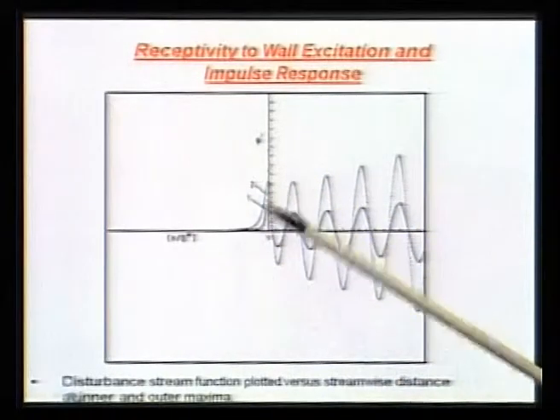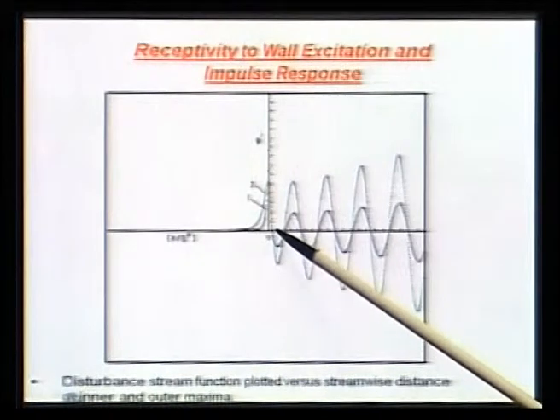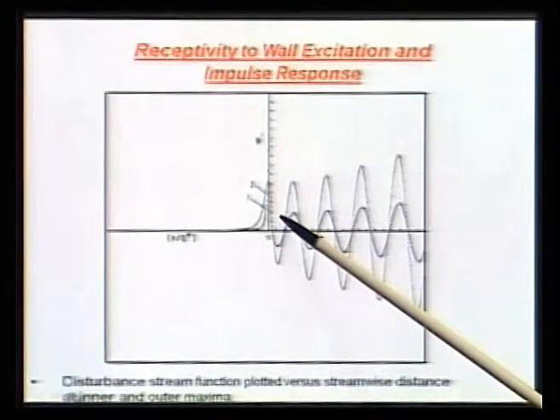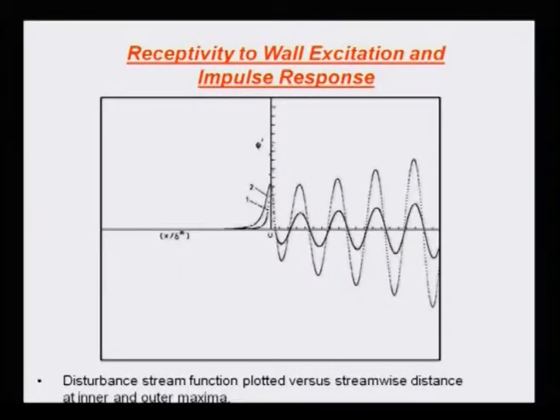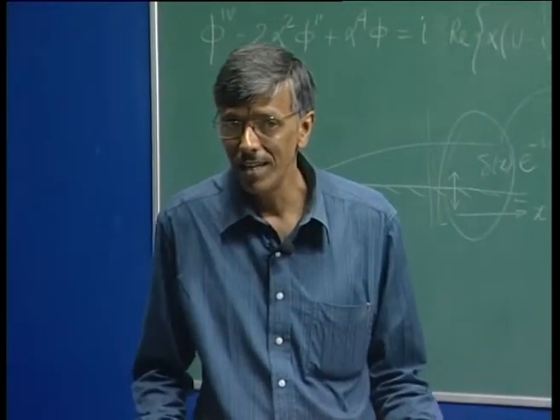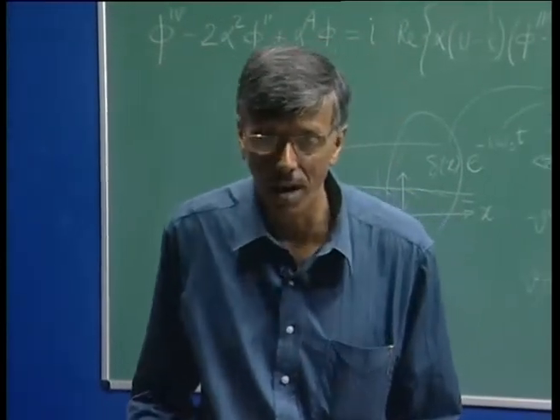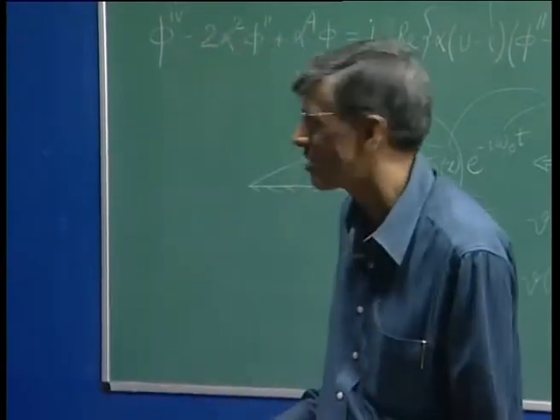This is what we call as the near field of the solution, because where is your exciter? Exciter is at the origin. So, the receptivity theory actually tells you what happens in its immediate neighborhood and what happens asymptotically far down. So, stability theory basically tells us what happens far away from the exciter. So, this is something we need to understand.